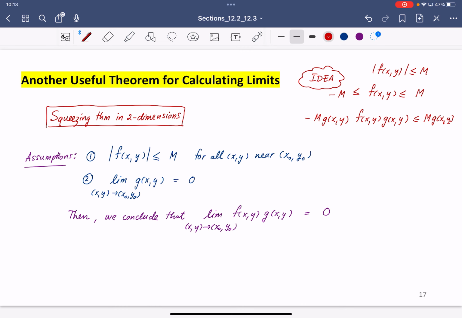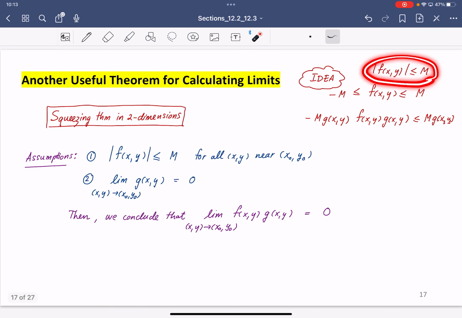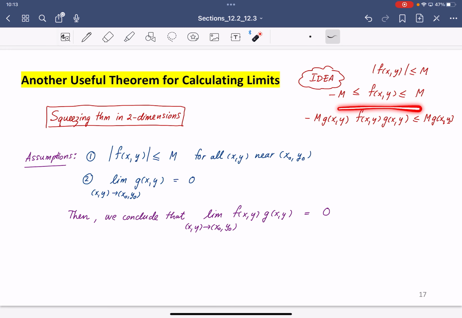So the idea is you start from the top, you take the absolute value out, and then you multiply by g. And by the squeezing theorem, you know that if this term and this term go to the same value, it's gonna force the term in the middle to have the same value.